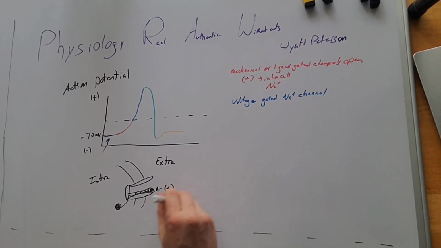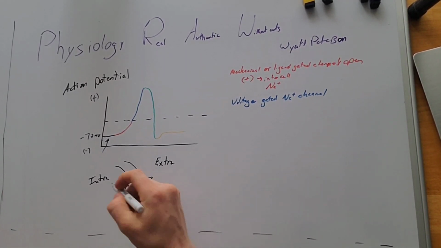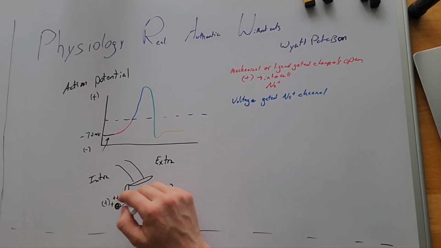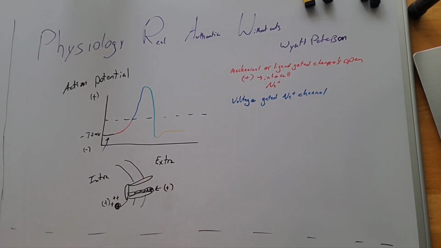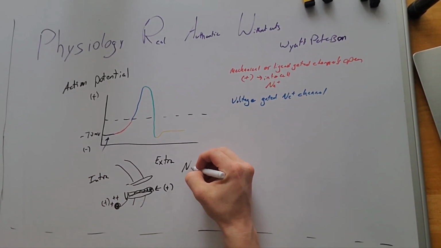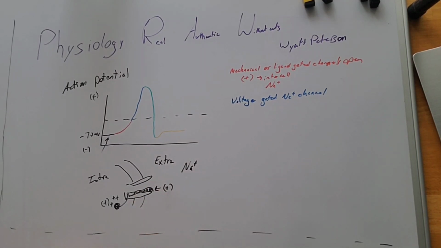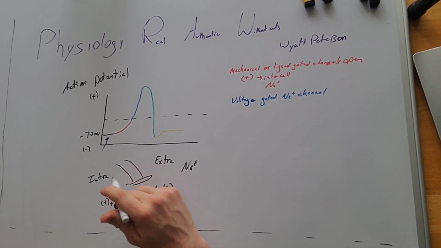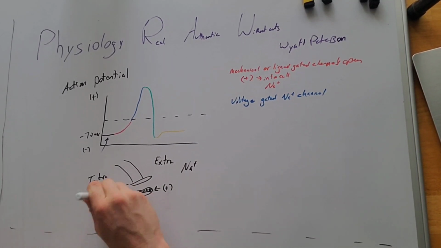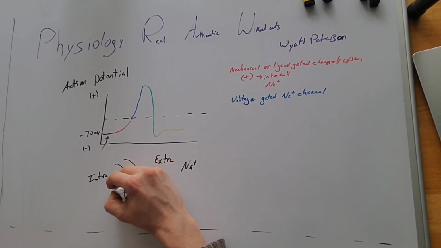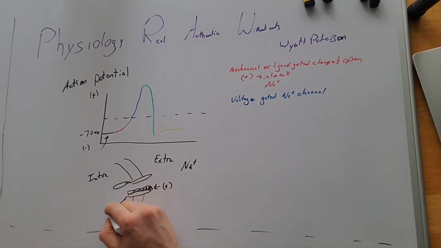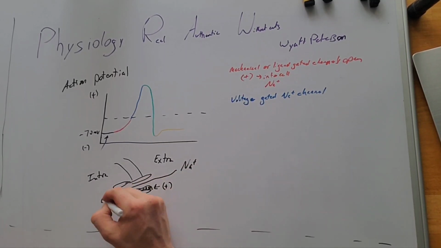And so if enough positives go in here, then this gate will open, because this is a sodium gate. Let me put this on the other side. This gate will now open, letting a bunch of sodium into the cell.